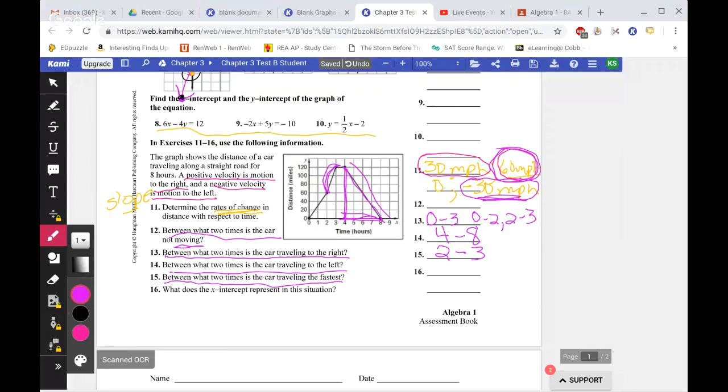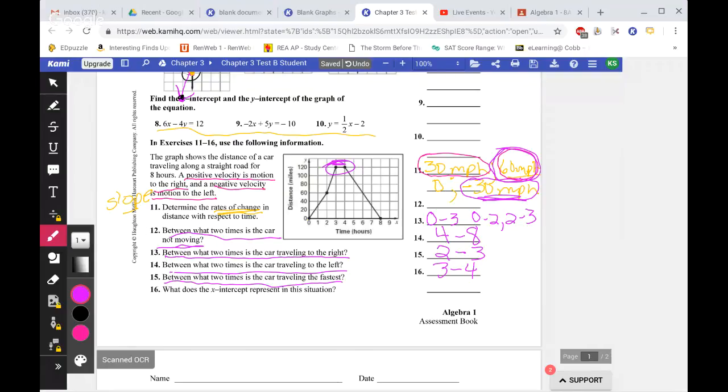Between what two times is the car not moving? 3 and 4. So that was up here. It's staying still right here.